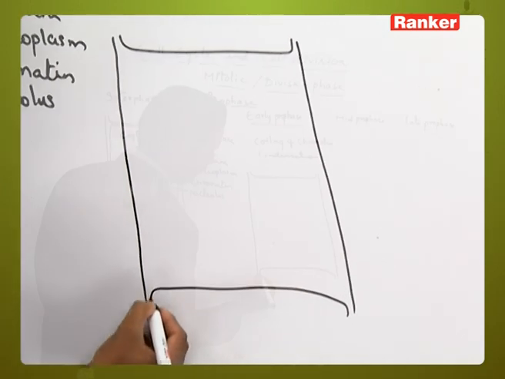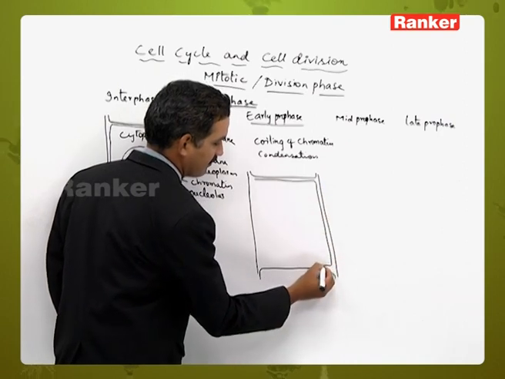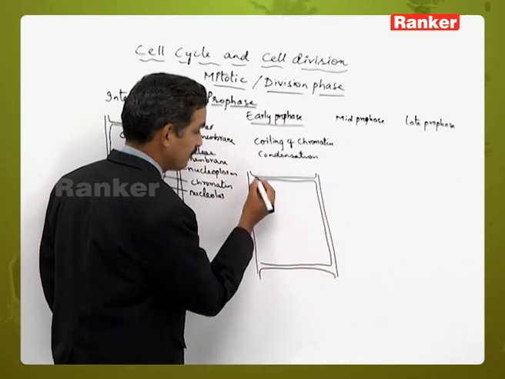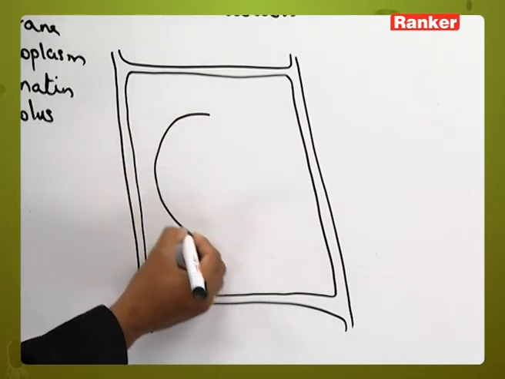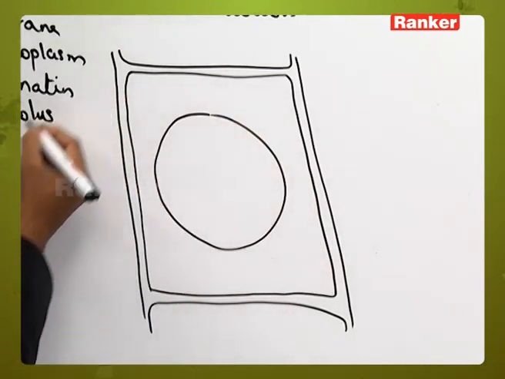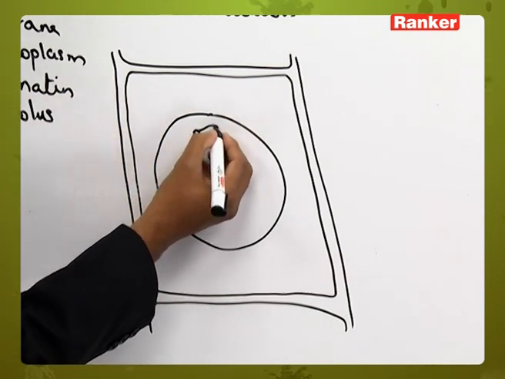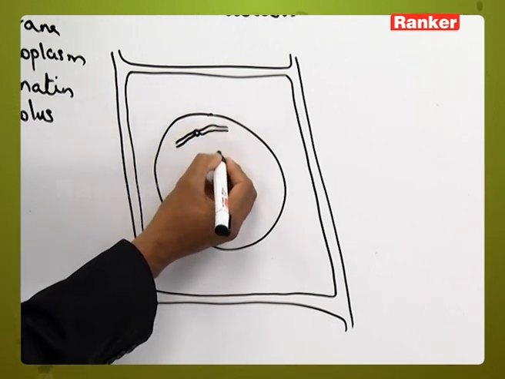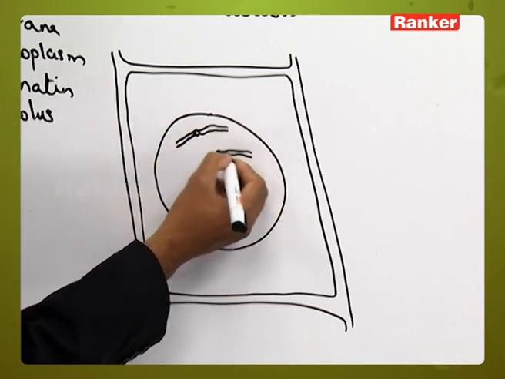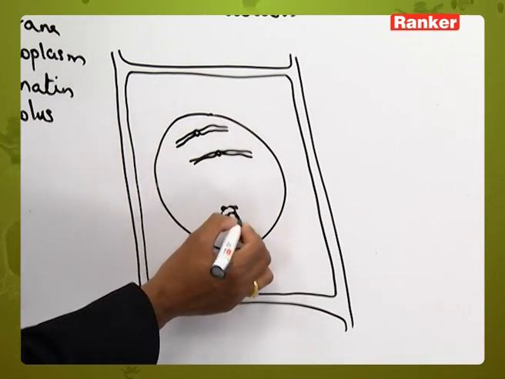So this is a cell with a cell wall and the plasma membrane inside it. This is the nuclear membrane. Inside this we can slightly observe that small structures will be formed like this. And here and there we can see the nucleolus also.